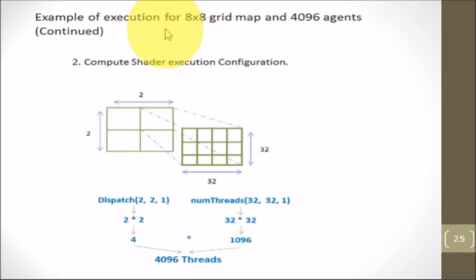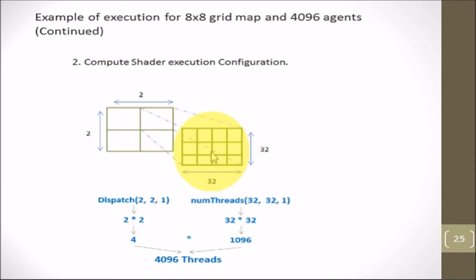Next. Now this is an example of the execution configuration for ComputeShader. So from the DirectX API, we do a dispatch call of 2 by 2, which is a 2 by 2 grid, and within this grid each thread group is a 32 by 32 thread group.